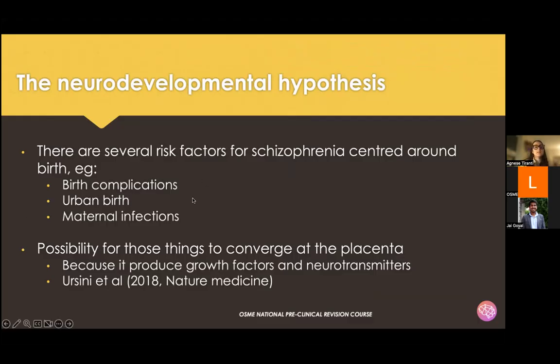So that these birth complications and maternal infection lead to changes in the placenta that can lead to schizophrenia eventually in the baby. This could be because the placenta is involved in producing growth factors and neurotransmitters, which in turn might affect the brain, eventually leading to schizophrenia.